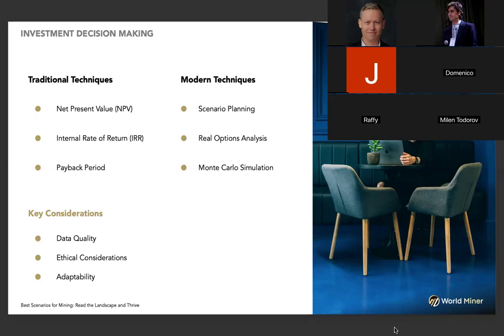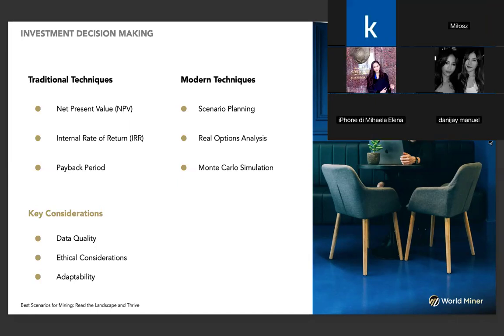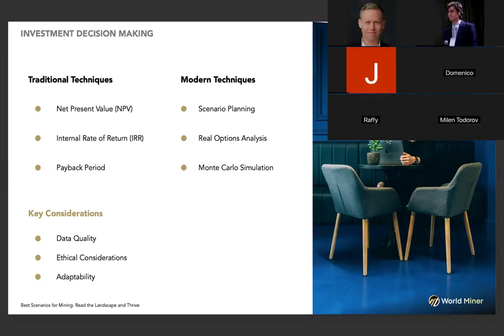But key considerations: data quality. How accurate and reliable the data is, is crucial for an effective market evaluation or investment decision, because if the data quality is skewed, obviously the decision will be wrong. Ethical considerations: utilizing data ethically and responsibly is essential, specifically when you're dealing with sensitive consumer information.